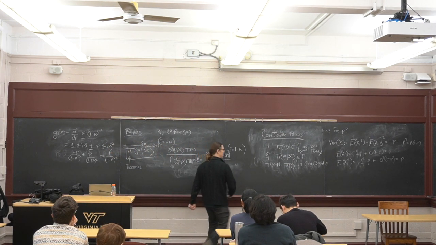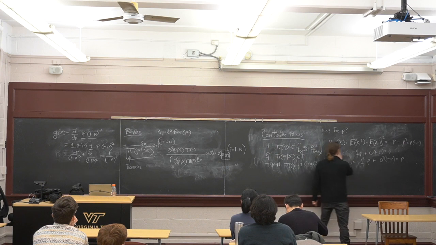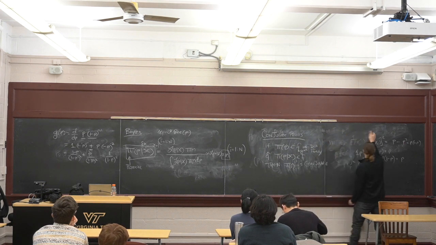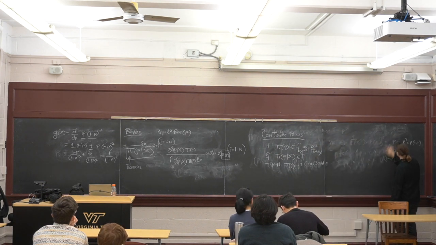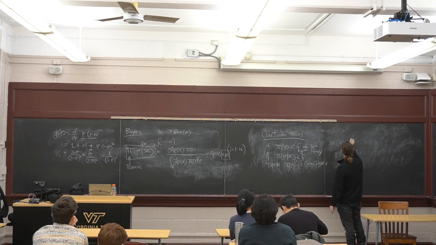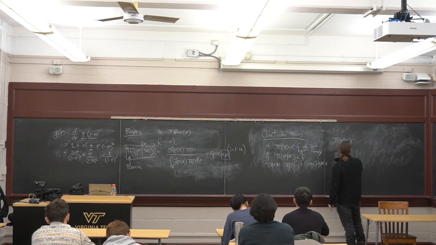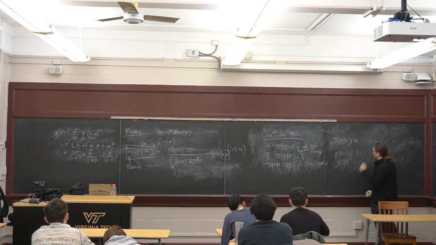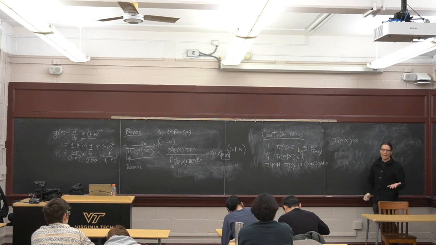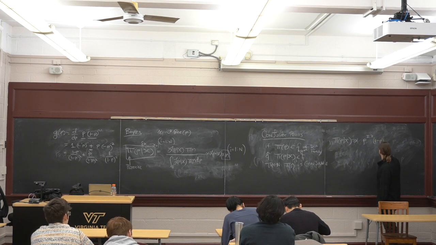So let's just write that down. So likely the posterior distribution is going to be proportional to the likelihood. We've already written that down. p to the sum of the xi's, 1 minus p to the n minus sum of the xi's.